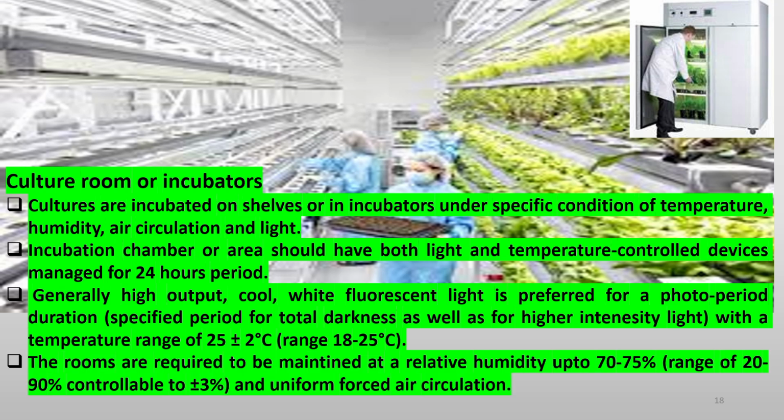The rooms are required to be maintained at a relative humidity of 70 to 75 percent, range of 20 to 90 percent, controllable to plus or minus 3 percent, with uniform forced air circulation and proper, optimum aeration.